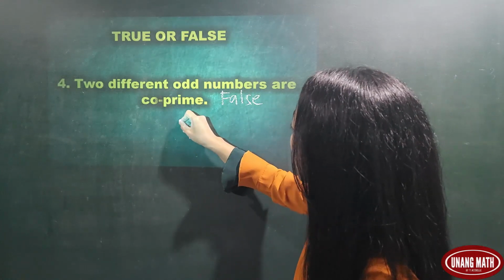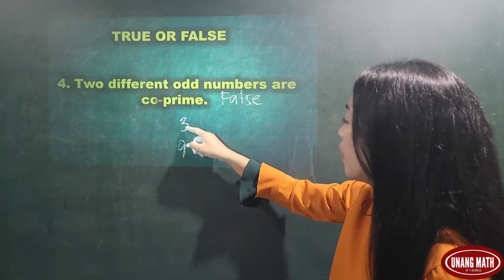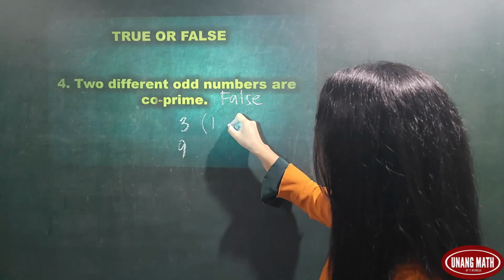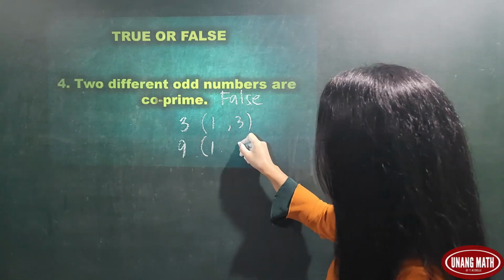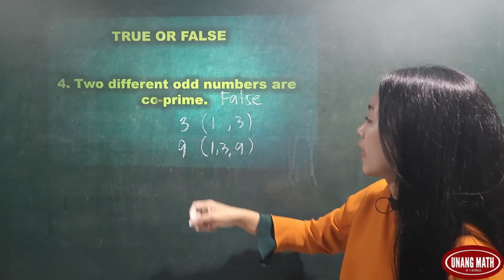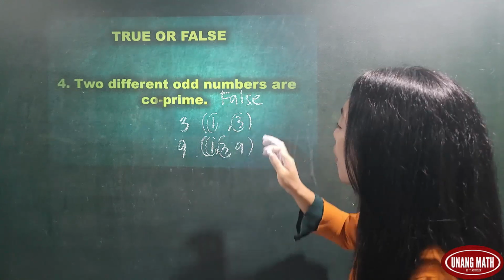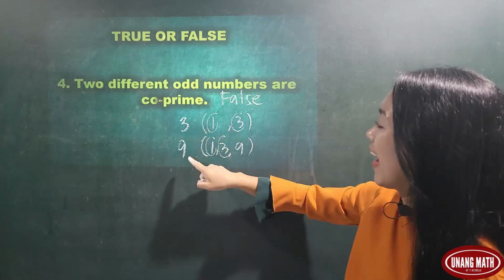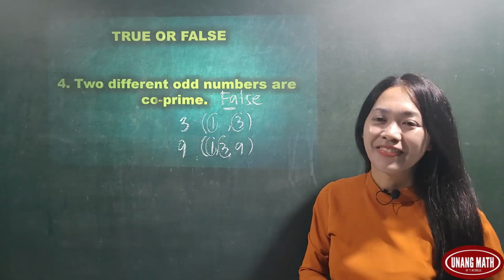Example, 3 is an odd number. 9 is also an odd number. What are the factors of 3? We have 1 and 3. How about 9? We have 1 and 9, and 3 is also a factor of 9. Aside from 1, 3 is also a common factor of 3 and 9. So this statement is false.